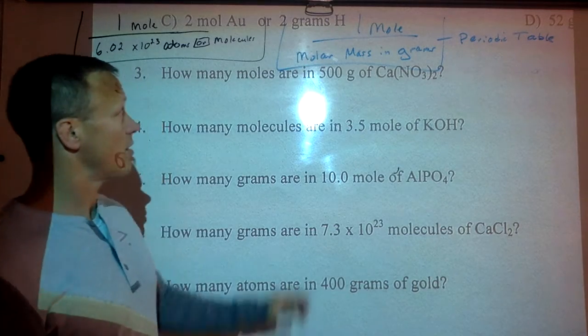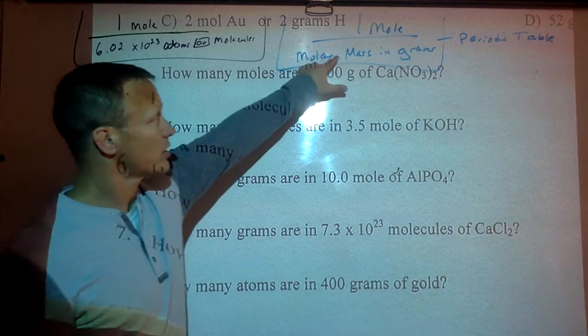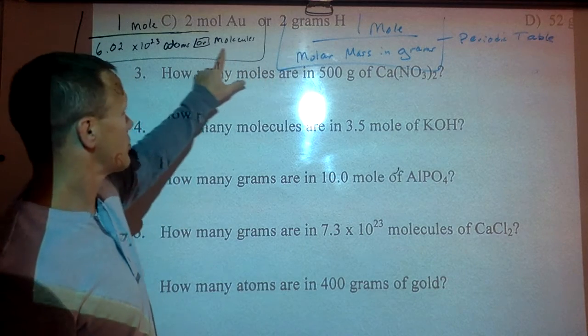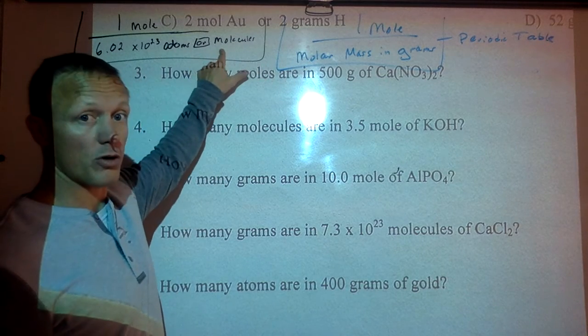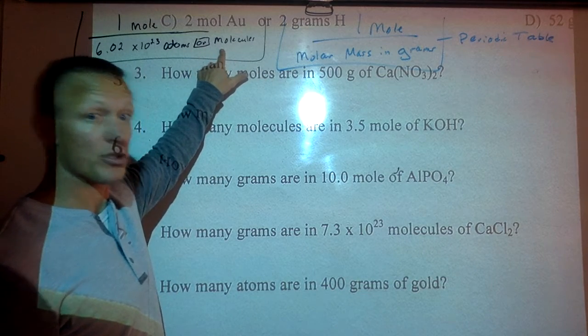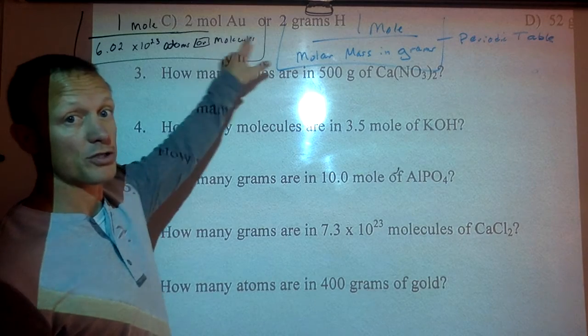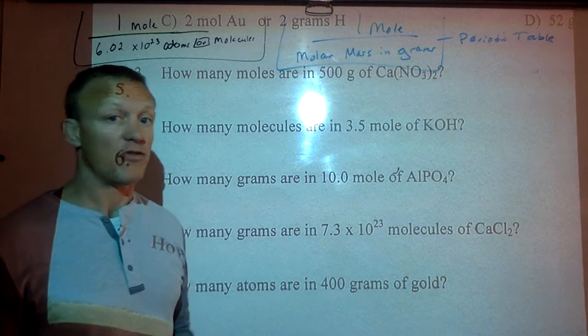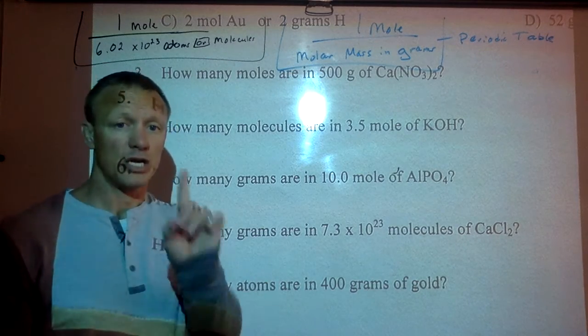If you're going from grams to atoms, molecules, or particles, it will be a 2-step conversion. If you're going from atoms, molecules, or particles to grams, it will be a 2-step conversion. But if you're starting with moles or finishing with moles, it's a one-step conversion.